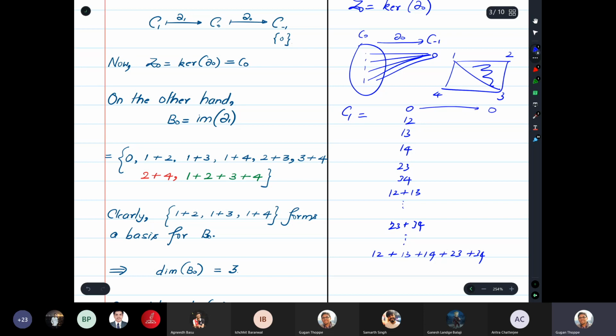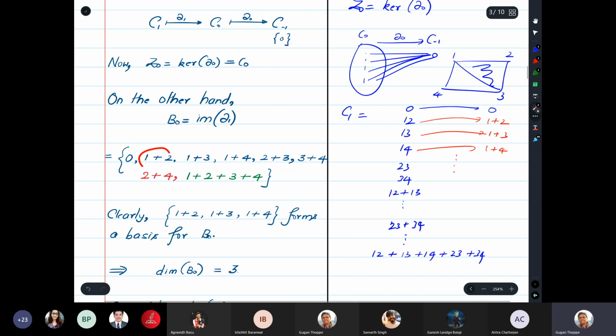So let's see what happens. 0 gets mapped to 0, so that's why we include 0 over here. Now 12 gets mapped to 1 plus 2, so we have included 1 plus 2 in the image of ∂1. Accordingly, this one gets mapped to 1 plus 3, this to 1 plus 4, and so on.